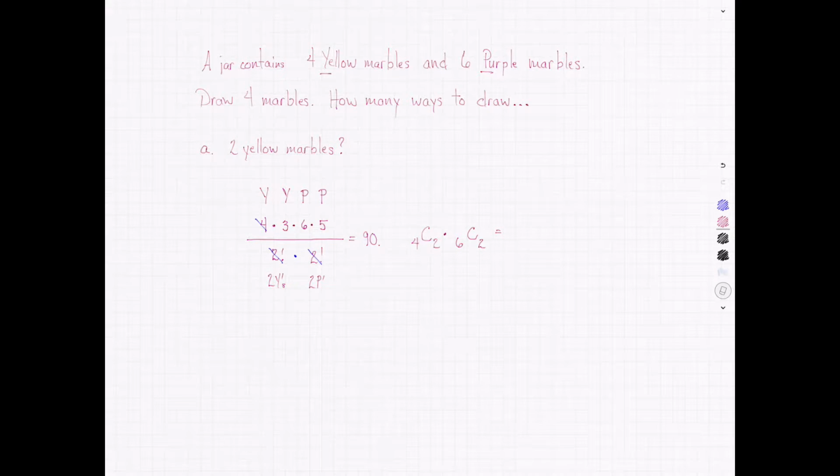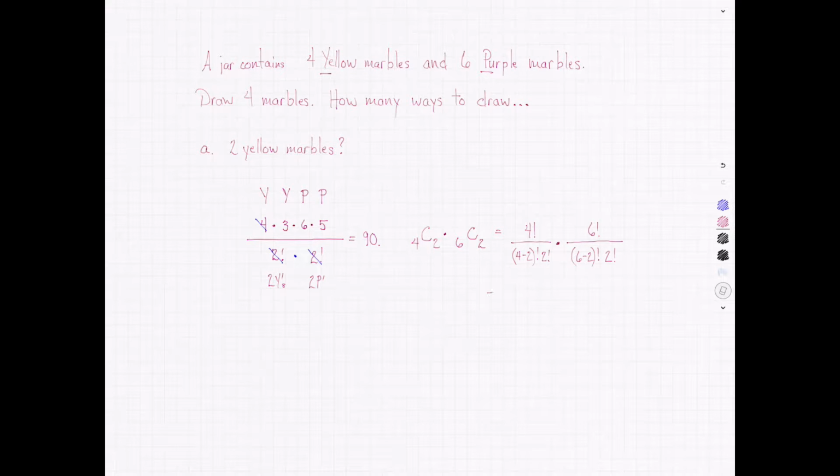So 4 choose 2 is 4 factorial divided by 4 minus 2 factorial times 2 factorial, times, then 6 choose 2 is 6 factorial divided by 6 minus 2 factorial 2 factorial.